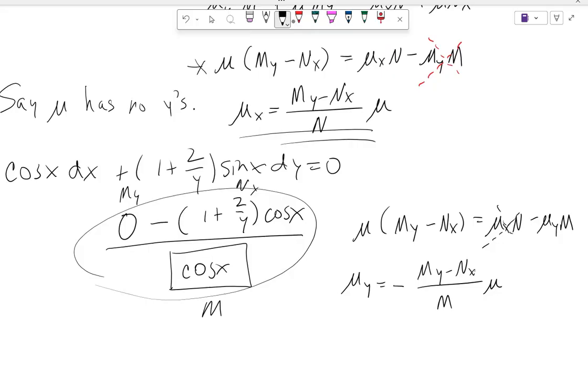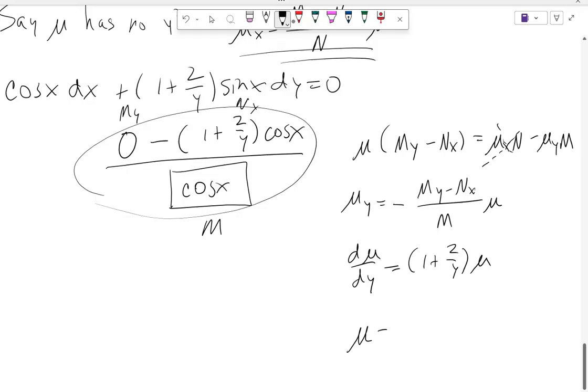So we're trying to find d mu dy equals, the negatives will cancel and the cosines will cancel. This is 1 plus 2 over y times mu. That's what we're trying to solve. Notice there's a negative in front. The negatives will cancel, right? And then the cosines cancel. Okay.